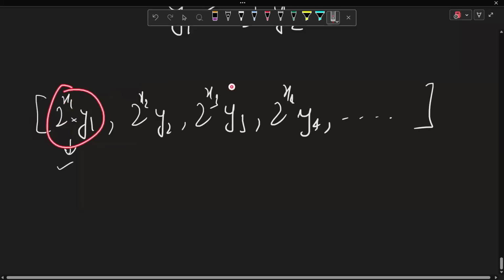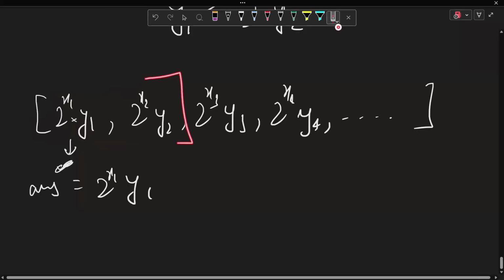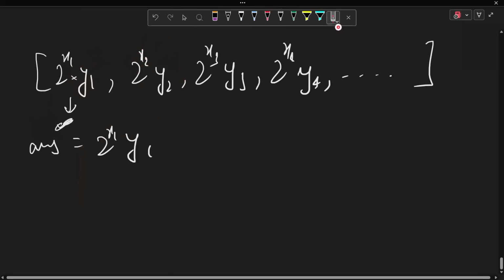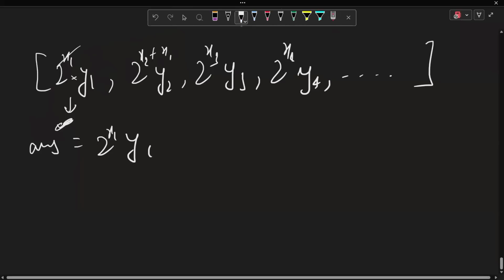Initially in your answer, you had 2 to the power x1 y1. When you moved here, you need to update your answer. If you are not moving it, just add this to your answer. If you are moving it, let's say you are moving this x1 here. Before you had 2 to the power x1 added, so from the answer you would subtract this 2 to the power x1 times y1.